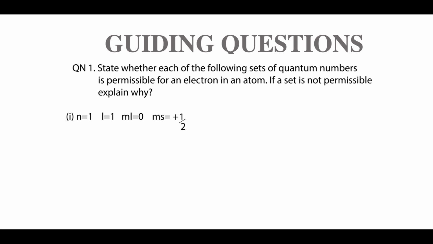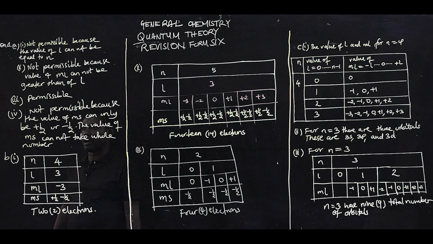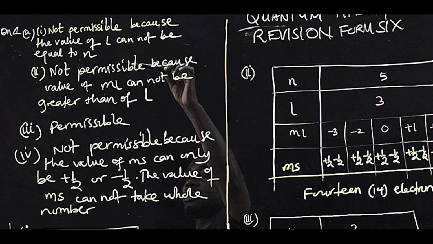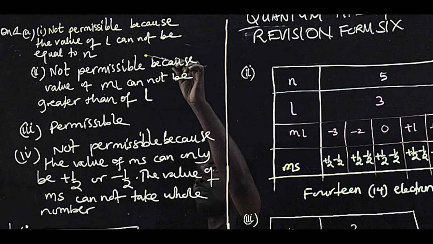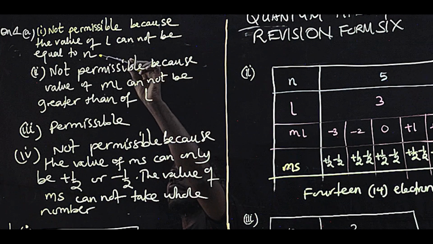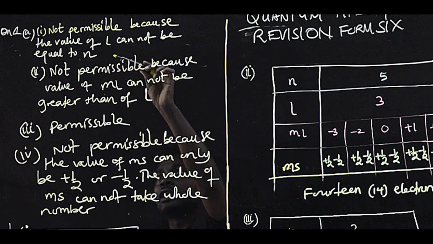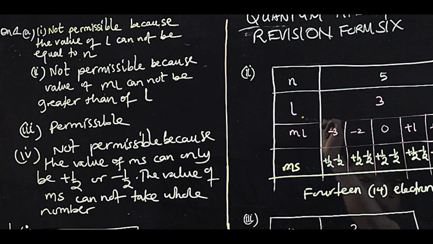Account whether these 4 given quantum numbers are permissible or allowable. n is equal to 1 specifies shell number 1 or energy level 1. To know whether the given set is permissible or not, consider the principal quantum number. n is equal to 1 means shell number 1 or energy level number 1 for any atom.